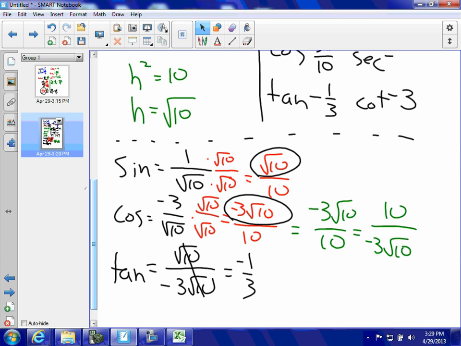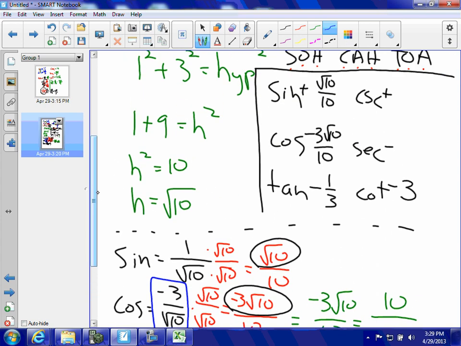But instead, I'm just going to go to my initial value of calculating cosine when it was not rationalized. So it's negative 3 over radical 10. And I'm going to flip that one upside down for the reciprocal, and I'm just going to call it radical 10 over negative 3. So my secant is going to be negative radical 10 over 3.